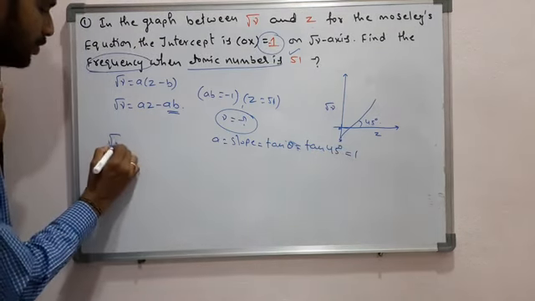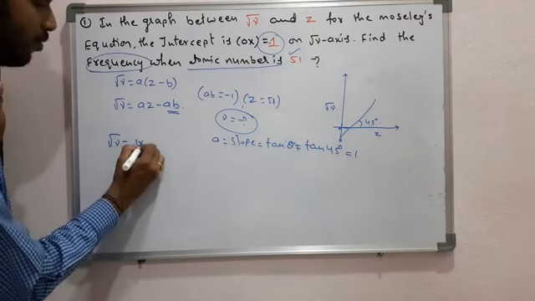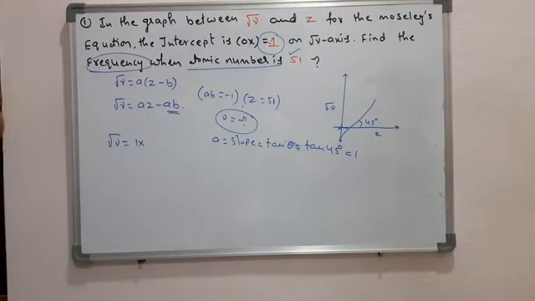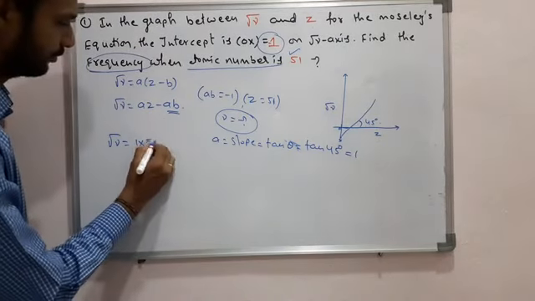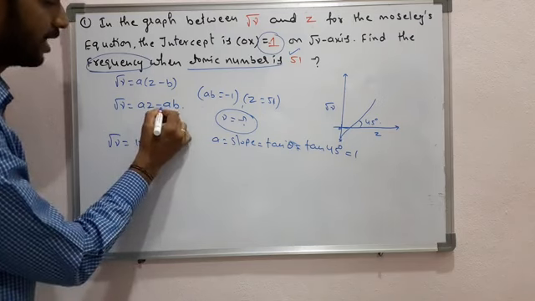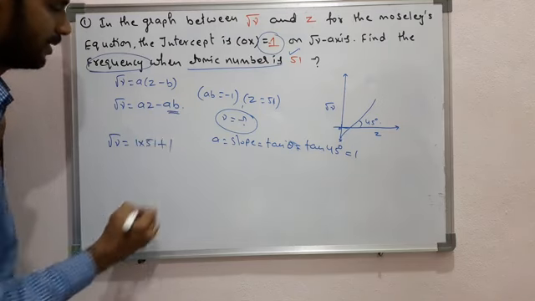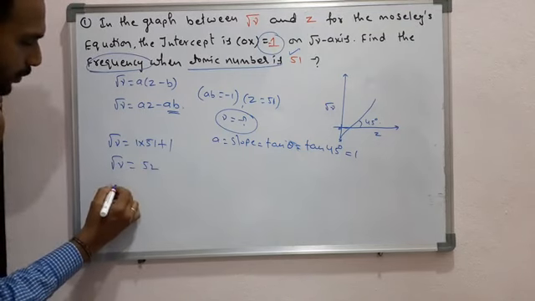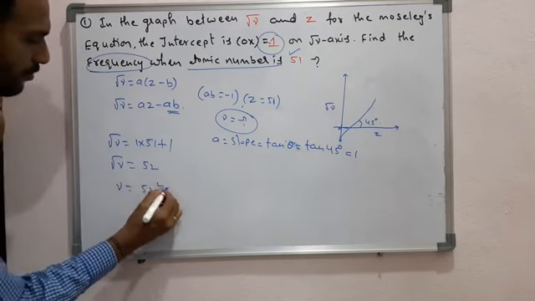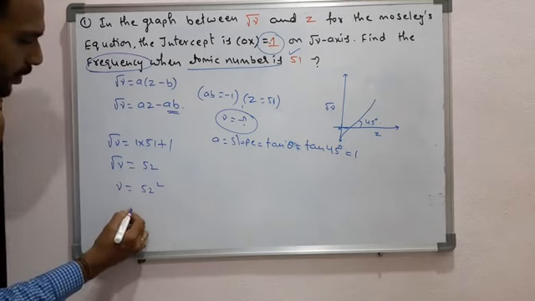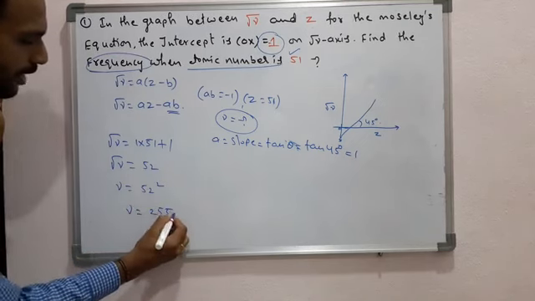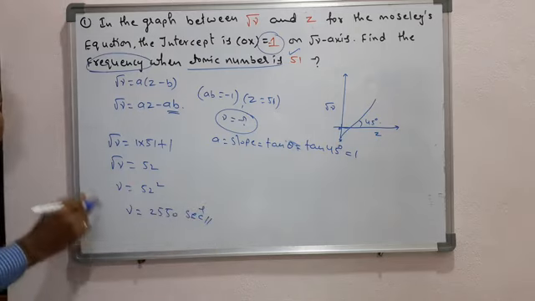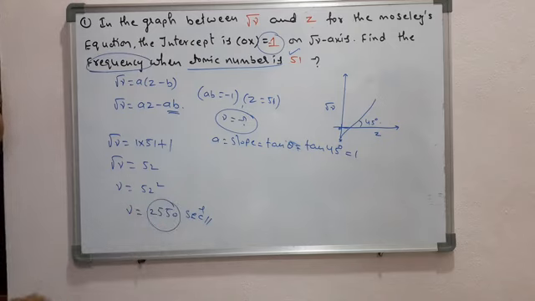Now root nu is equal to 1 times the atomic number 51, minus AB, which is -1, so that becomes +1. The root nu is equal to 52, and nu is equal to 52 square. So it is approximately 2550 second inverse. We are taking here an approximate value, not the exact value.